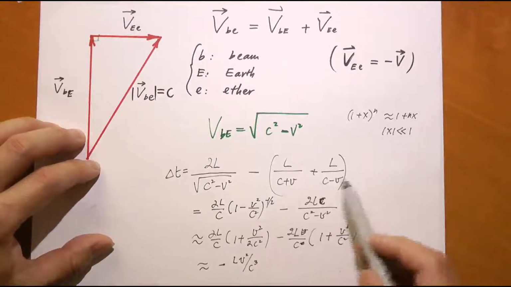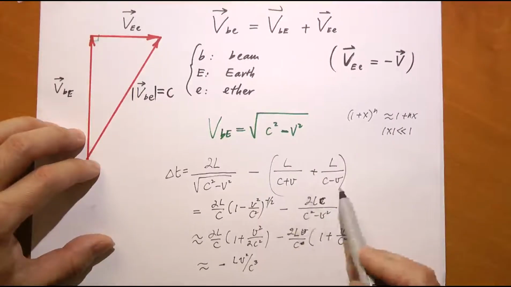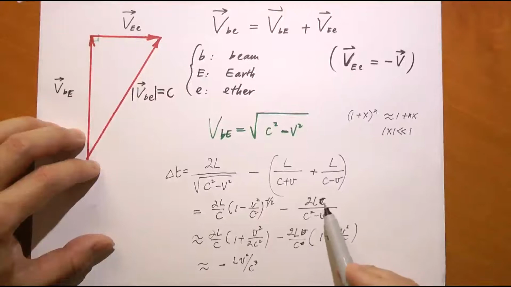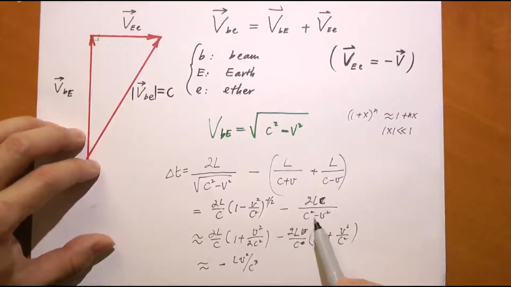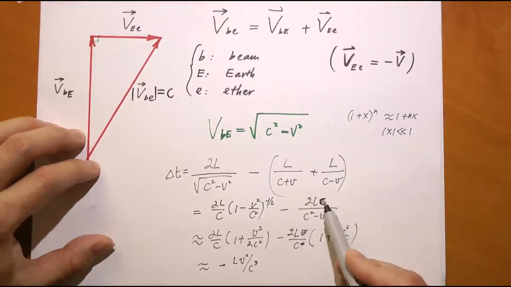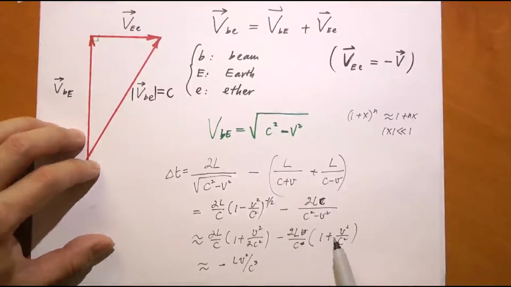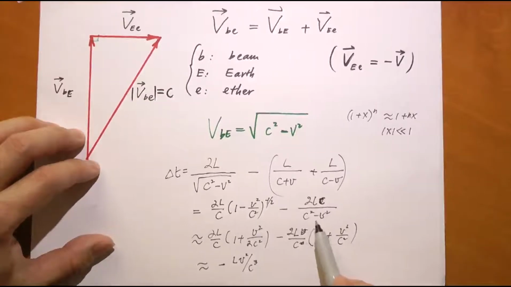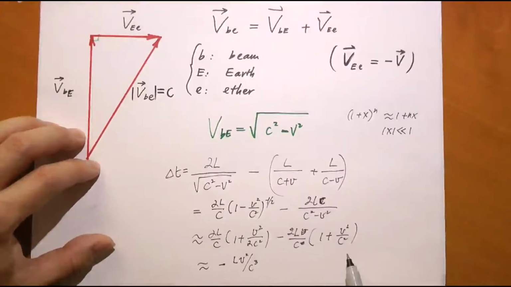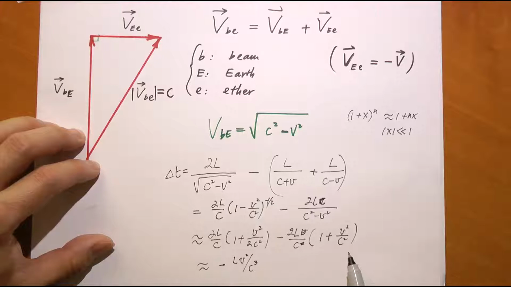Now what I did here was I combined these two terms, so it's v² over c² minus v², and upstairs is 2lc, and then I took that c² out, so it cancels with one power of c, so I get 2l/c, and what's left is (1 - v²/c²) to the power -1, not -1/2. So again, I use the approximation with n equal to -1 and x equal to negative v²/c², and that's what I got.